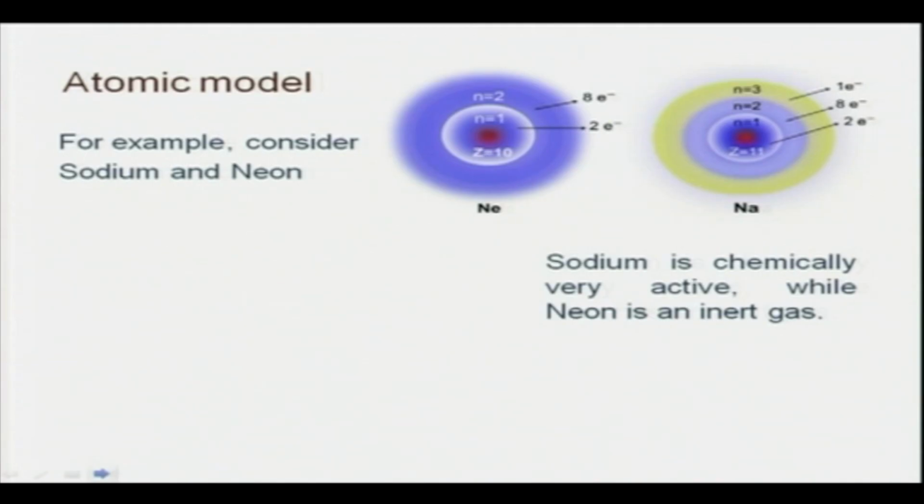Whereas, sodium has an incomplete shell and the electron in it is loosely held to the sodium atom, and actively participates in interactions with other elements whenever there is a possibility. So, although neon and sodium differ only by one electron and one proton, they are chemically very different.